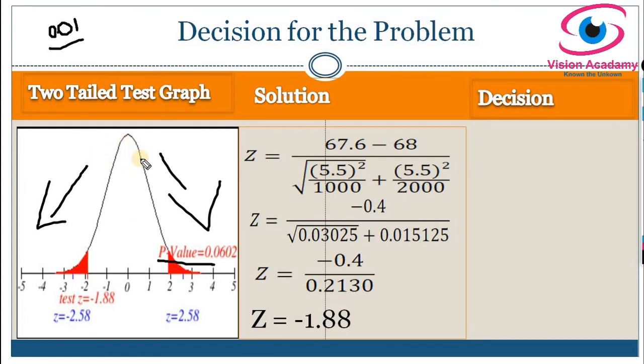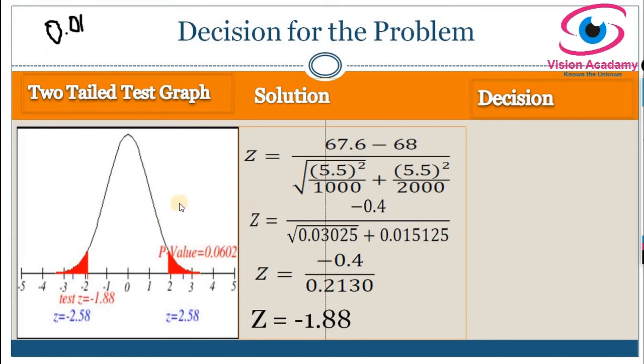We are not going to reject it. In this case, the significance level is 0.01, whereas the p-value is 0.0602. So the p-value is greater than the significance level, and we have to retain the null hypothesis. This is the decision taken using the p-value.